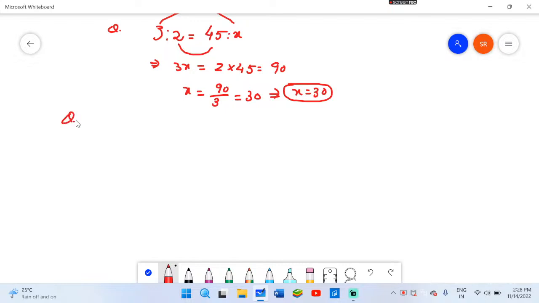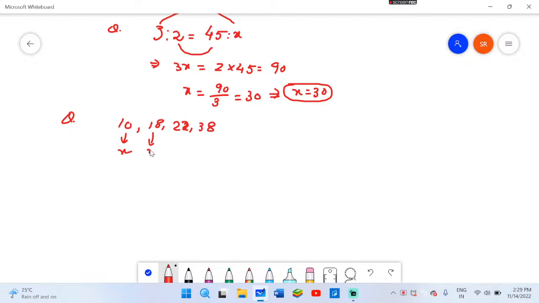We take next question. What number must be added to each of the 4 numbers? We are given 4 numbers: 10, 18, 22 and 38. What number must be added? Let us say the common number to be added is x.